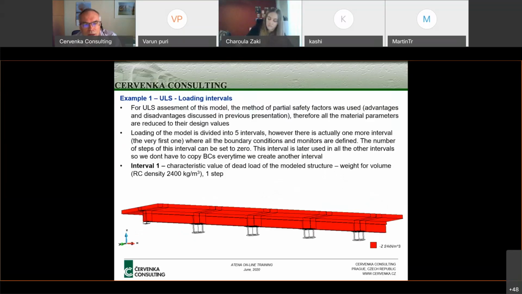And now the important part of any nonlinear analysis is always to define the loading history, which goes back to this question about how the loading history affects our analysis. This is, of course, an important question, and we should understand that every time we perform such a nonlinear analysis, we should perform some sensitivity studies.